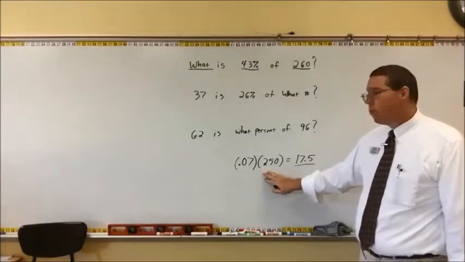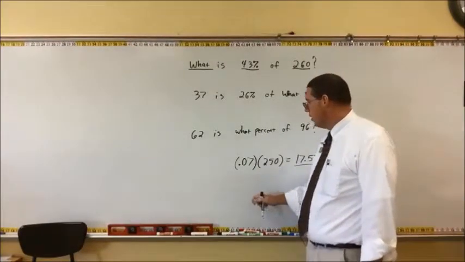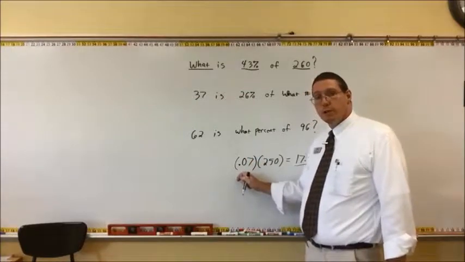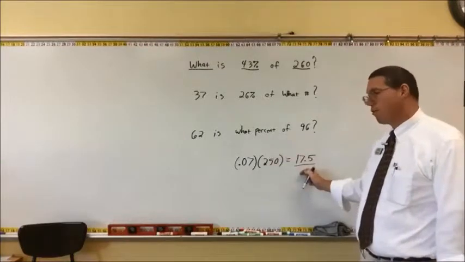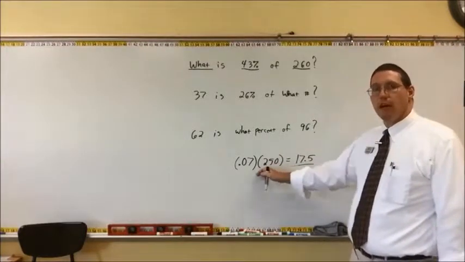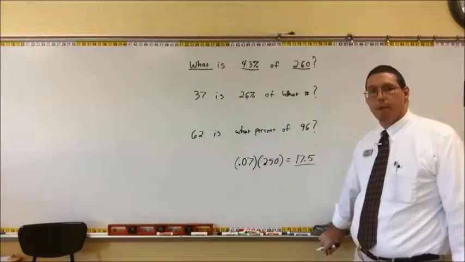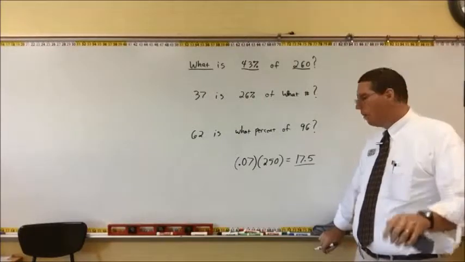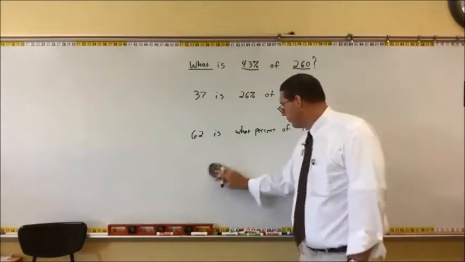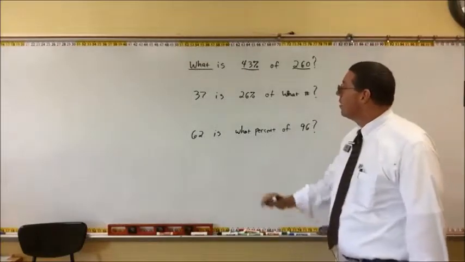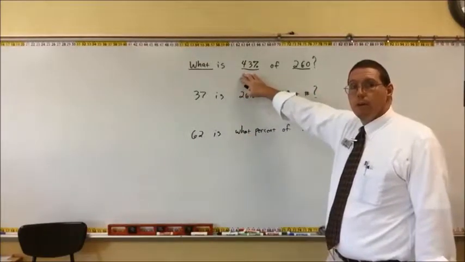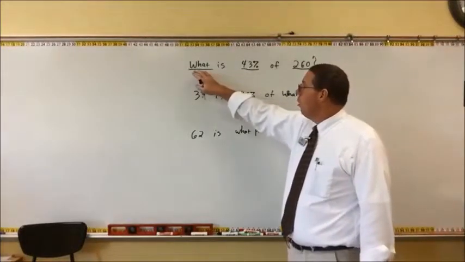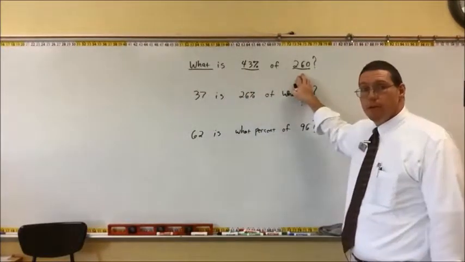You can see in this question that there are always three numbers: the percentage, the number that you're taking the percentage of, and the answer that is the percentage of the other number. So you always have two numbers and one percentage. Some of the questions ask you to identify what the percentage of another number is.